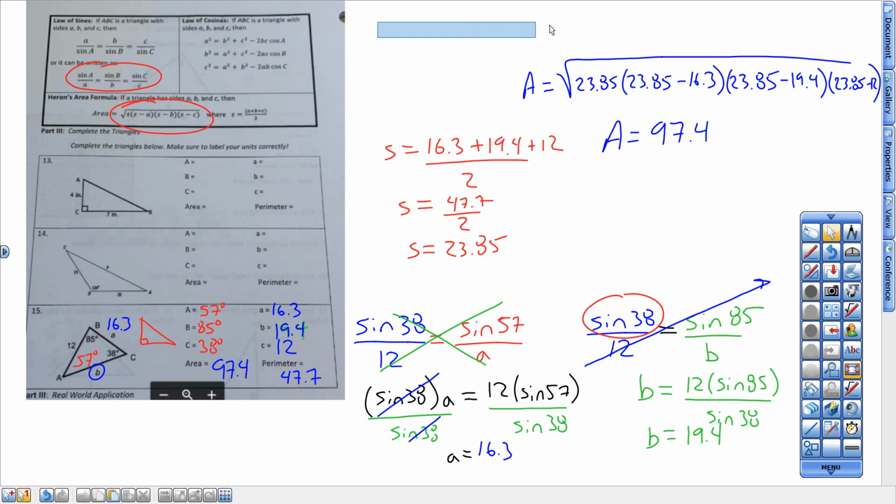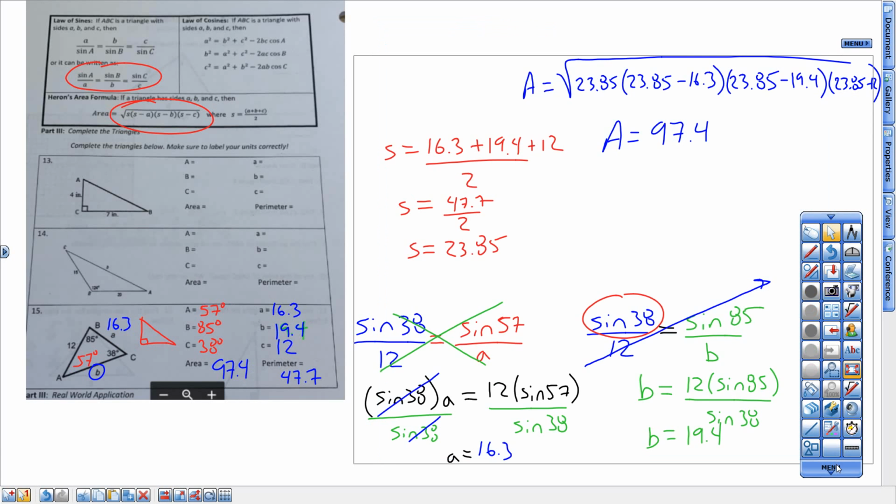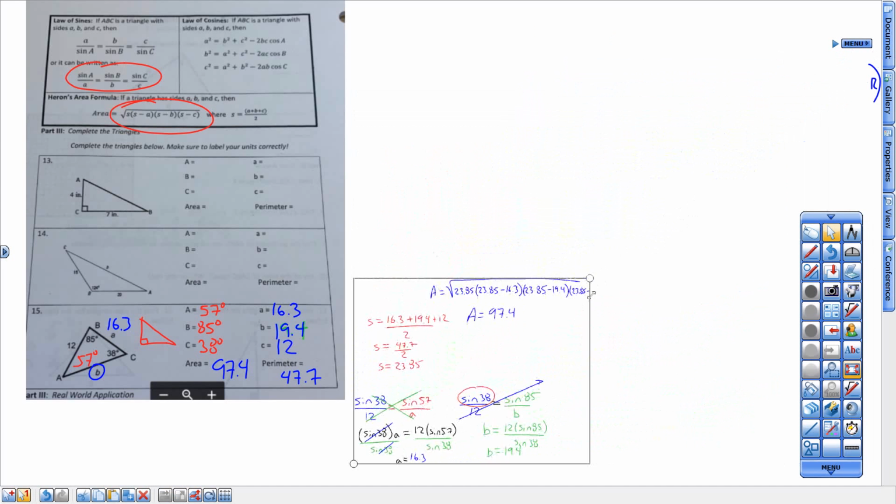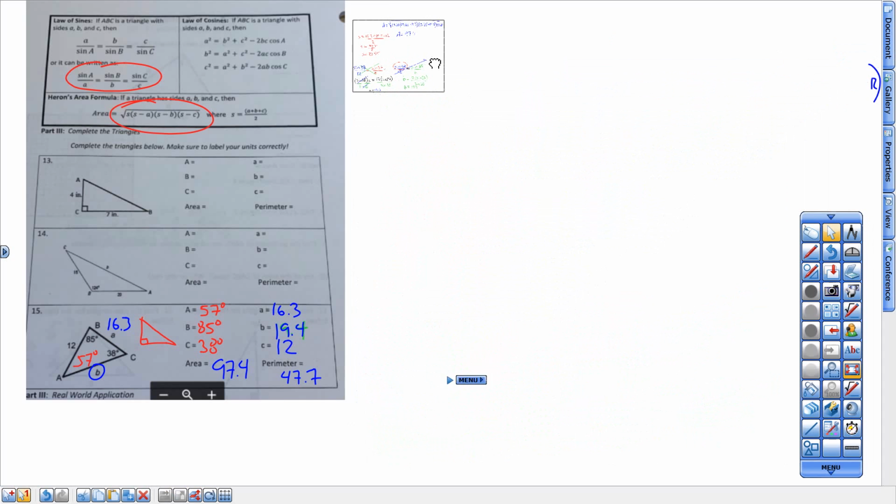14. All right, so number 14, again, I had to use this gnarly one right here. And the reason I use that is because this one has me solving for b squared by itself.